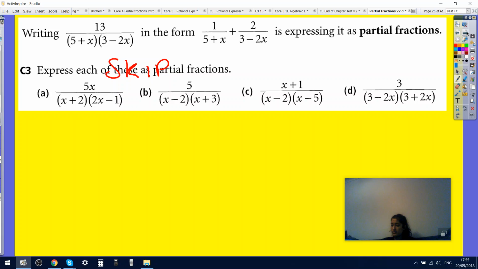Okay, so 9x minus 14. 3 lines. A has got to have x minus 1 squared. X plus 4. X minus 1 squared. It's already got an x plus 4, so do you just put the x minus 1 squared? Mm-hmm. Okay.